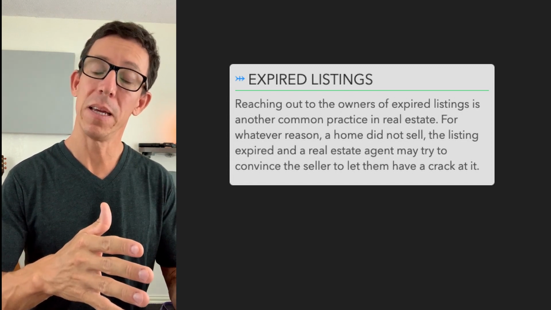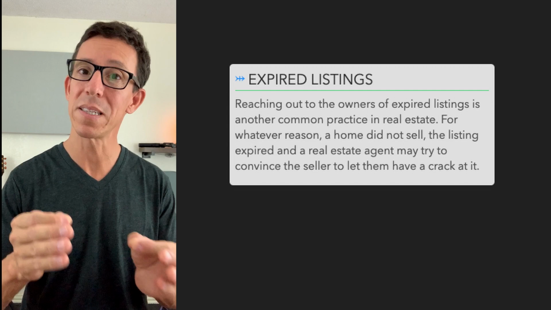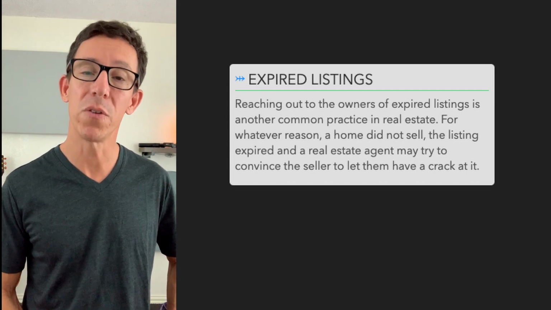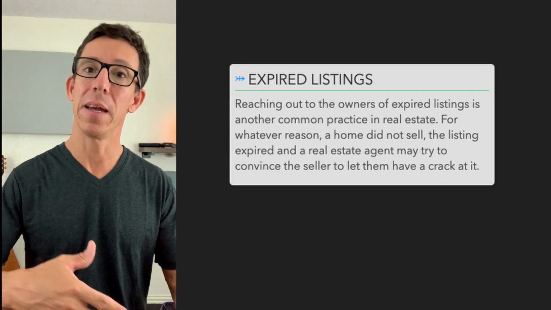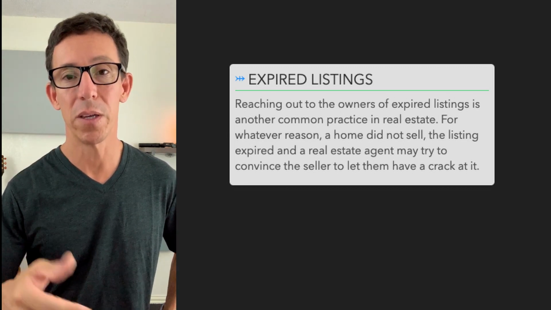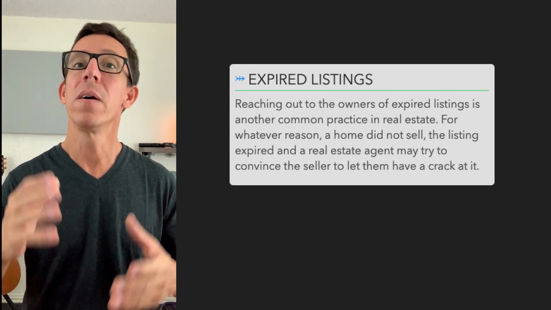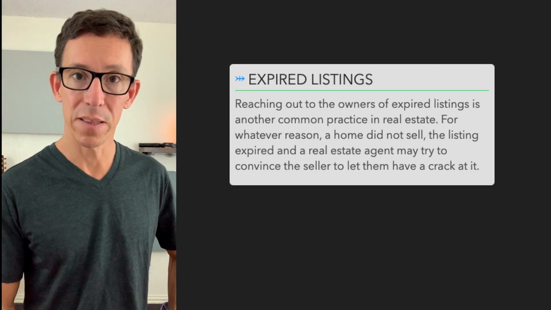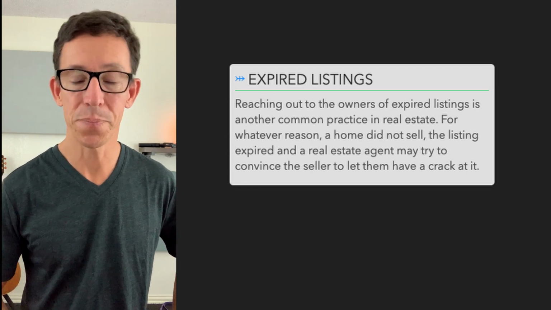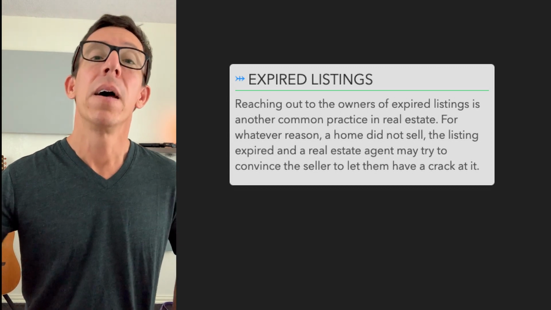But an expired listing still is a seller who wanted or still wants to sell their home. So if you can reach out to them and convince them that you are different from their other agents, tell them what you bring to the table, whether it's, again, marketing or hard work, you might have a chance at convincing them to give it a shot with you. So that is definitely a strategy you can try.